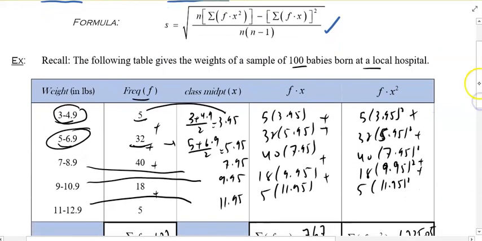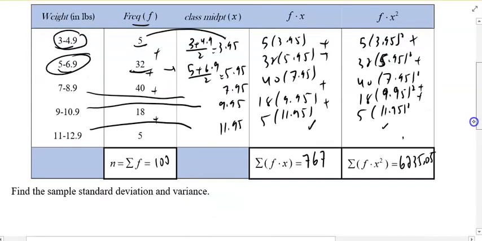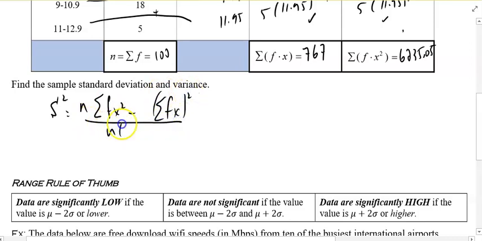Notice what I got. I figured this part out. It's right there. And I figured this part out. It's right there. So if I get this formula, I need to multiply that by n divided by n into n minus 1. Well, n is 100. So if I take this formula and I fill in the blanks, I have s squared equaling n times the sum of f times x squared minus the sum of f times x, quantity squared, over n into n minus 1.